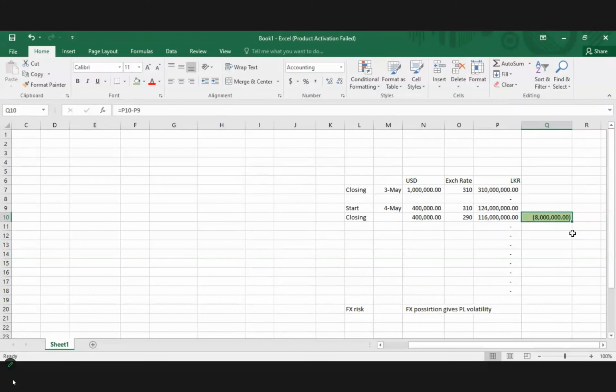So that is one way of managing my FX price risk. The other way is basically to have a squared position or zero position. But zero position is not ideal. I mean, then we don't have to be in FX markets. We are talking FX markets. So then the other way is this.